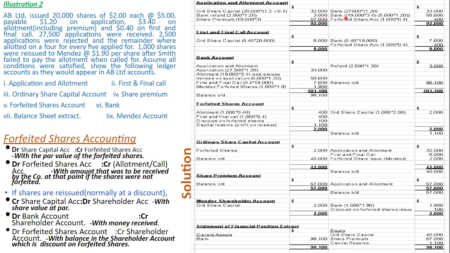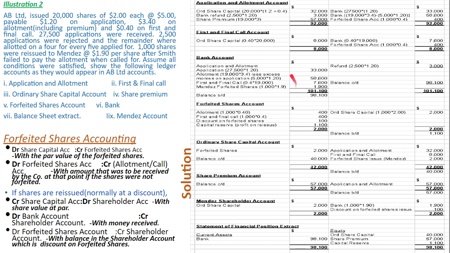You credit the application and allotment account with narration forfeited shares account. 1,000 shares that were forfeited multiplied by 40 cents, which should have been received, if the shares had not been forfeited. We will simply say 1,000 times 40 cents to give us $400. Double entry, we debit the forfeited shares account with allotment 1,000 times 40 cents, $400.